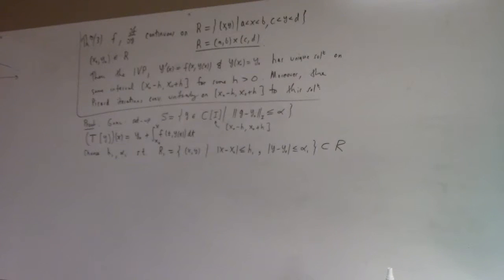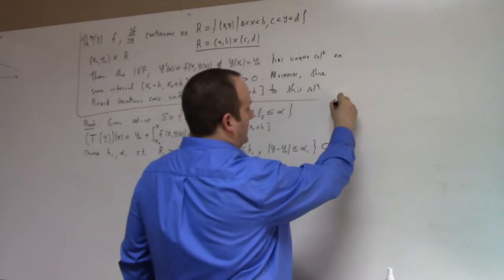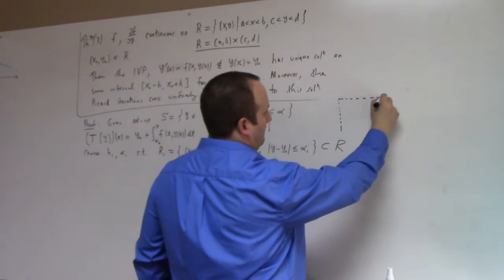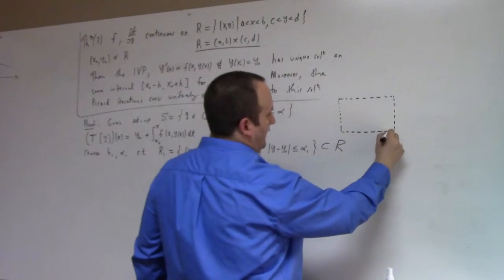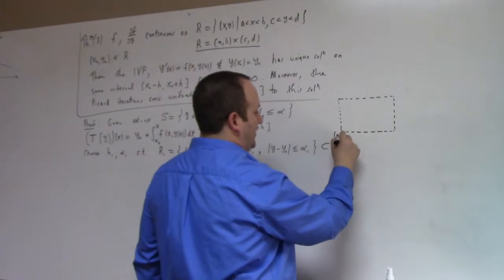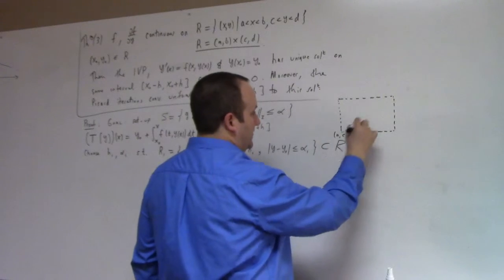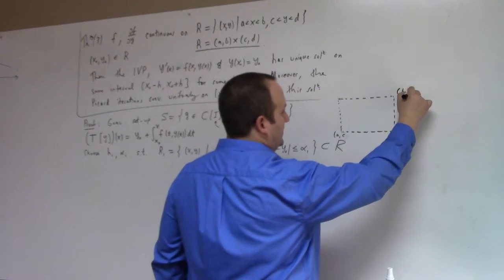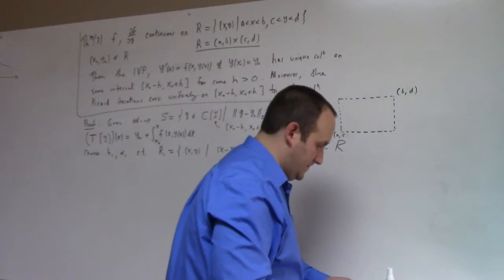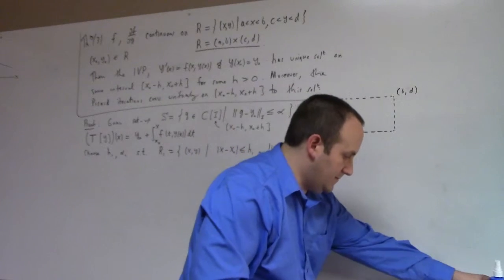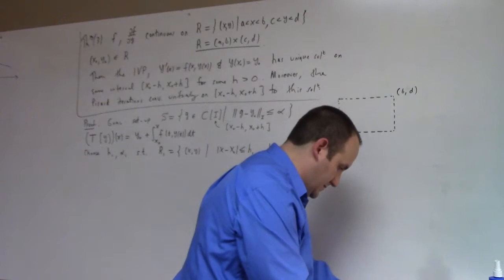I guess nothing really, except that the difference between R1 and R is, well, we can draw a picture. It's probably good to draw a picture. Here's R. This point down here is A comma C, and this point over here would be B comma D. It's an open rectangle, but R1 is going to be closed.